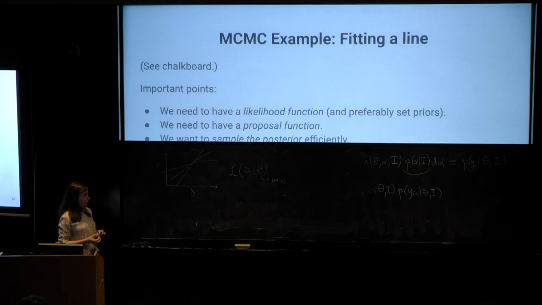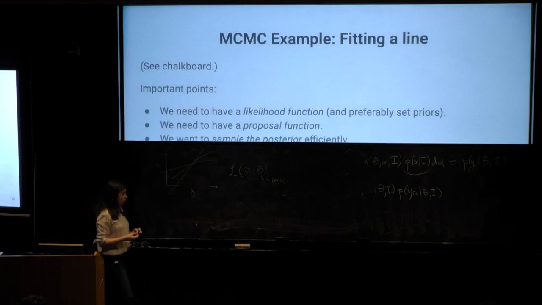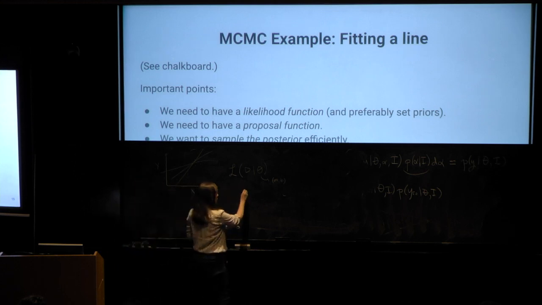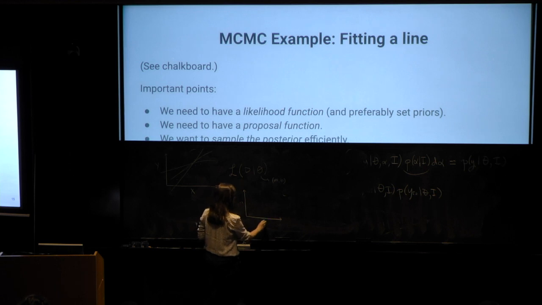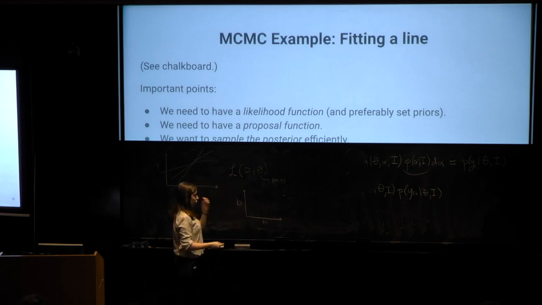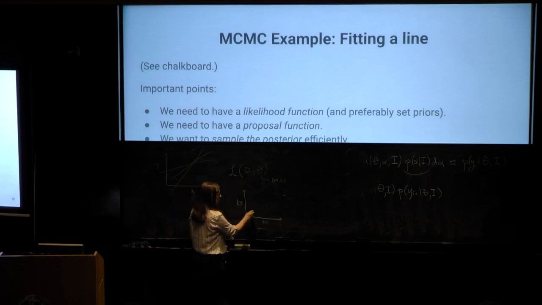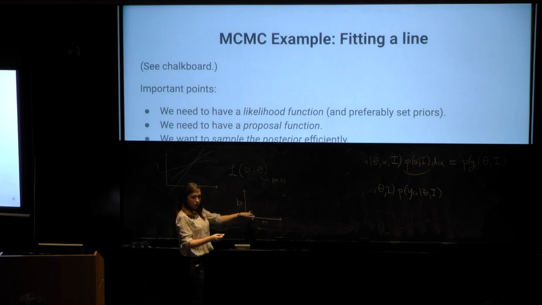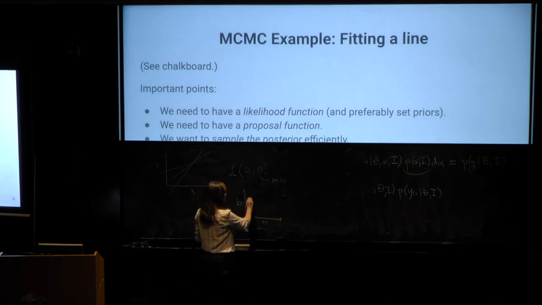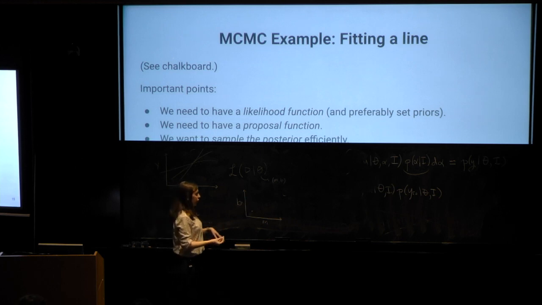If I wanted to, what I could do is take a bunch of different values of M and of B. I could grid this up, and I could calculate at any given M and B what the value of the likelihood function is. So I could go through and calculate for lots of different M and B's what the likelihood is.